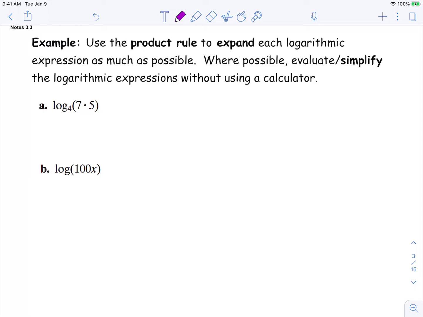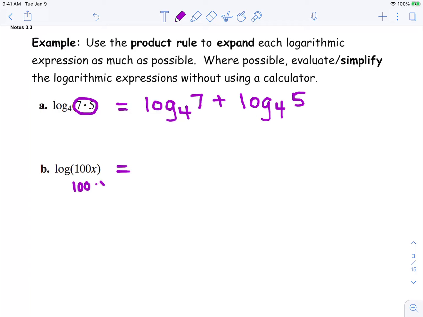So we're going to use the product rule first. There is multiplication happening between the 7 and the 5. So we are going to expand it as log base 4 of 7 plus log base 4 of 5. The second example, 100 and x can be multiplied together.